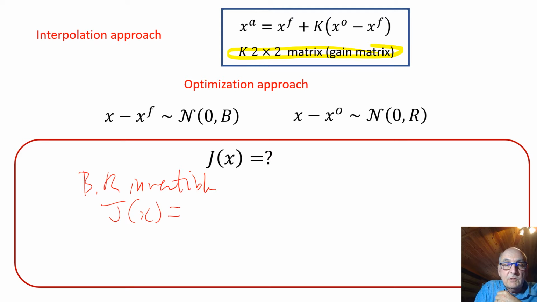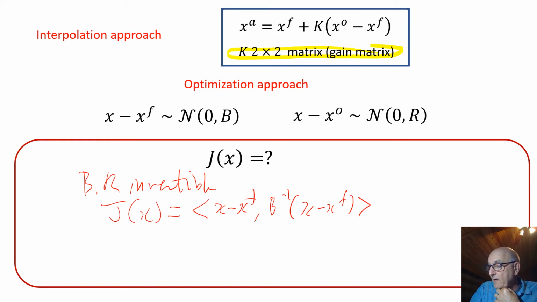I'm going to use these parentheses for the inner product, and so what you do is you take X minus XF, B inverse X minus XF. That's the complete analog of 1 over sigma squared times X minus XF squared, right? But X is now a vector, right? And then plus X minus XO, comma, R inverse X minus XO.